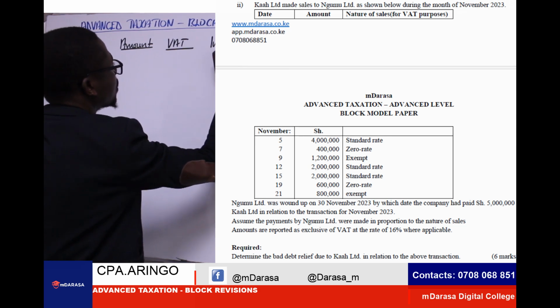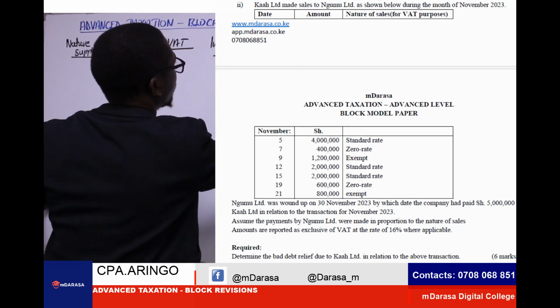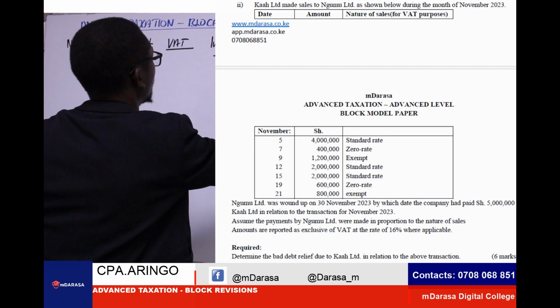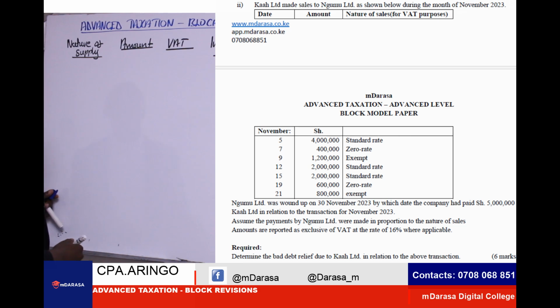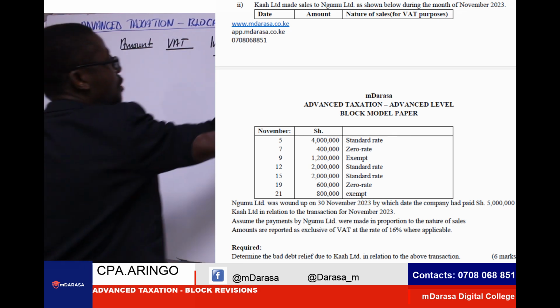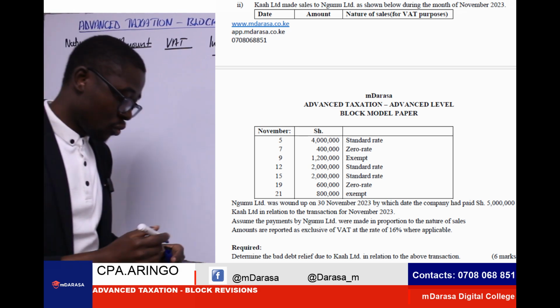Then determine our total value. Once we have this, identify the nature of supply that we are given.